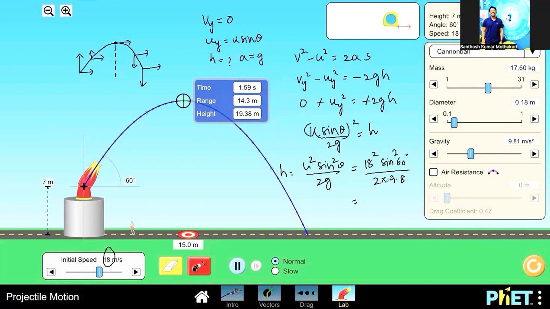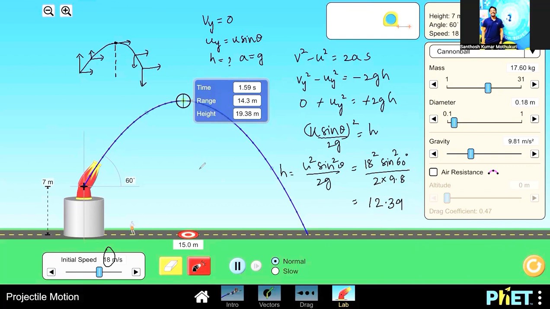Sine 60 times sine 60. So 243 divided by 19.6. You will get 12.39.